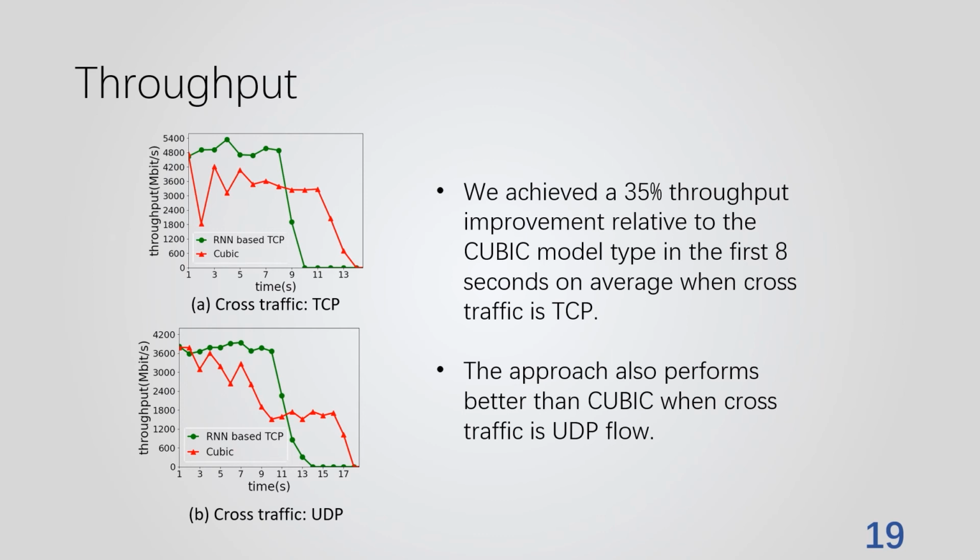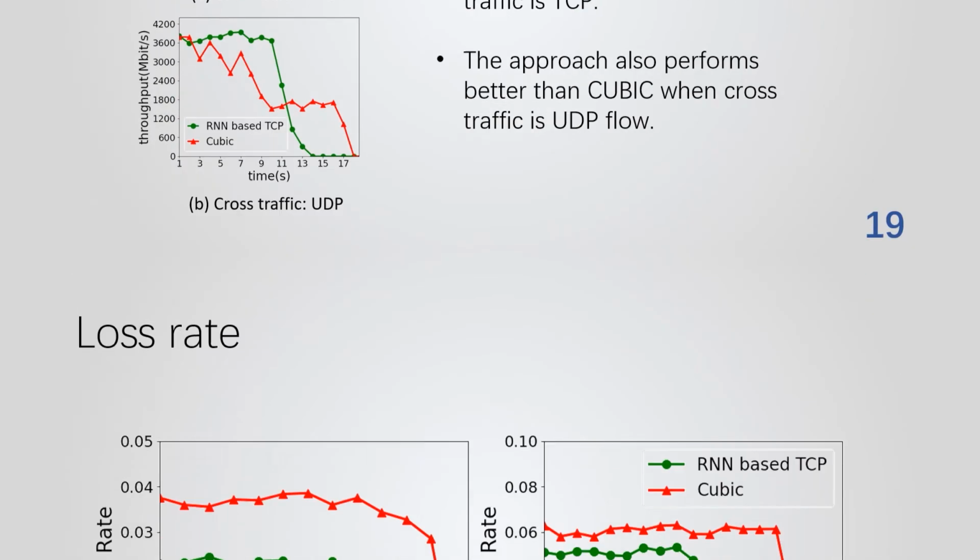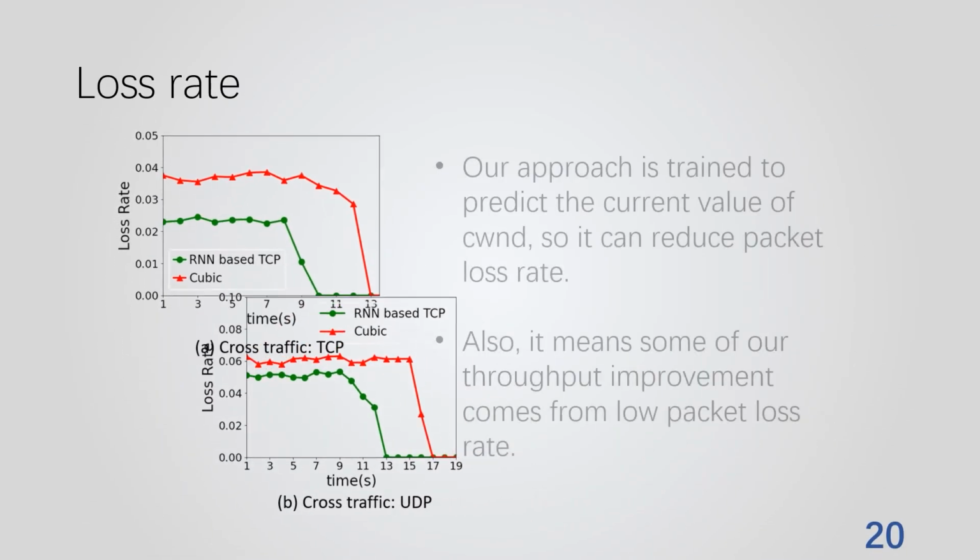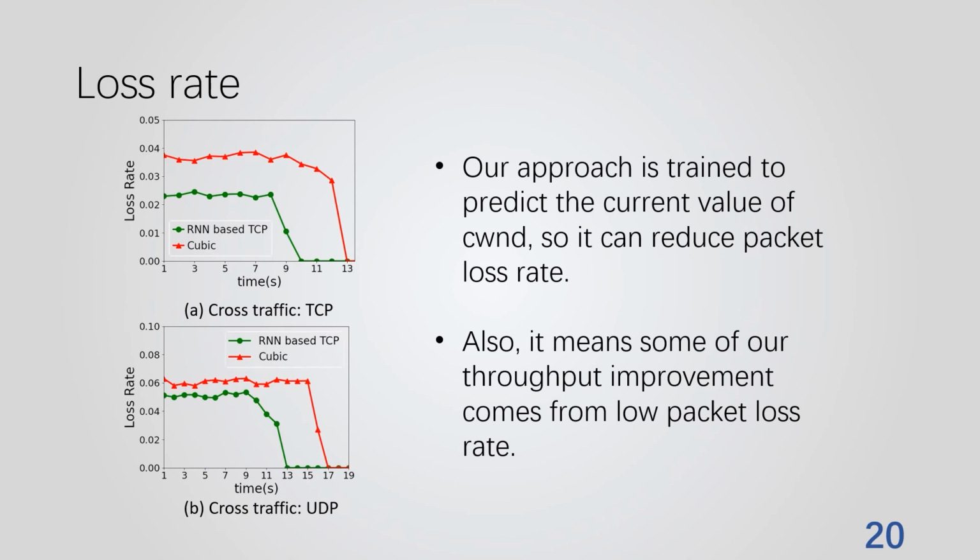The approach also performs better than Cubic when the cross traffic is a UDP flow. Our approach is trained to predict the current value of the congestion window, so it can reduce the packet loss rate. This also means some of our throughput improvement comes from a lower packet loss rate. We can see in both pictures that our approach has a lower packet loss rate than Cubic.